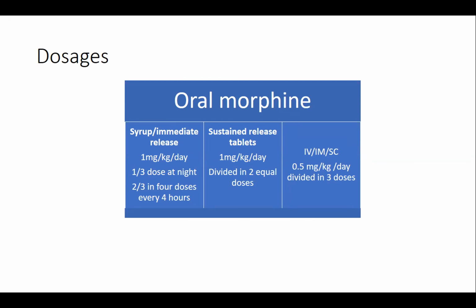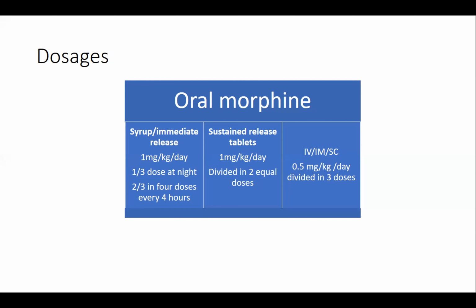Some standard operating procedures recommend that you give them this dose that we've calculated for the day for this patient, our 60 kilogram patient, and divide it, give them like a third of that dose at night so that they don't have to wake up at night to take their 4 hourly doses.